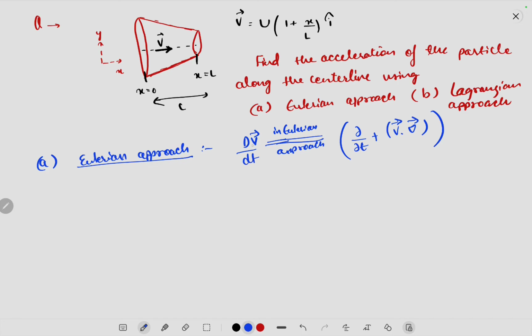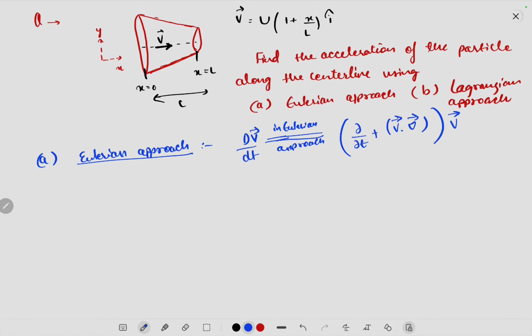The quantity whose rate of change we are measuring is the velocity, so we'll write the velocity vector here. Okay, so now V vector is given to you, just put it here and find the value.